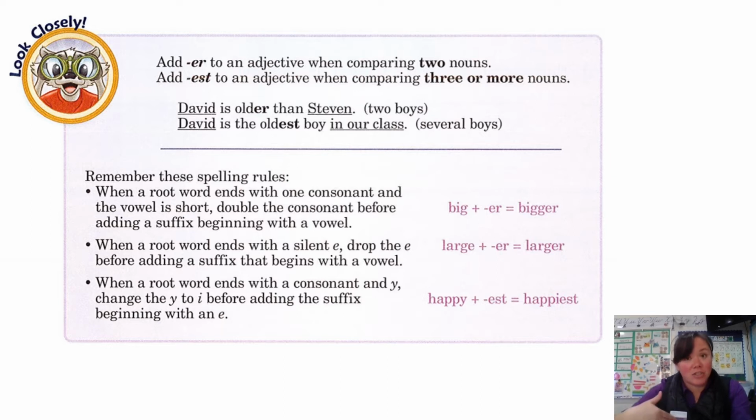That's an adjective that would describe me. But when you compare Mrs. Phillips and Mrs. Simonis, Mrs. Phillips is shorter than Miss Simonis. But I will have to say I am not the shortest in the whole school. So this is how we use ER and EST to describe things.